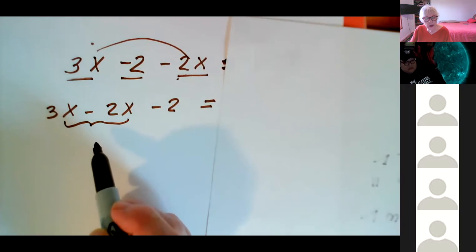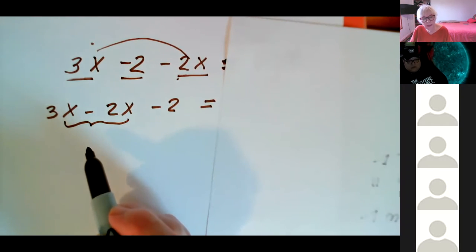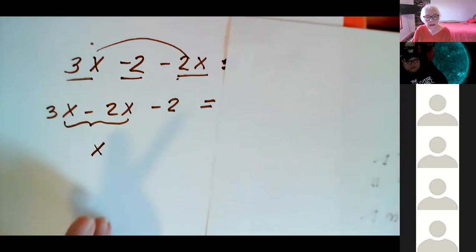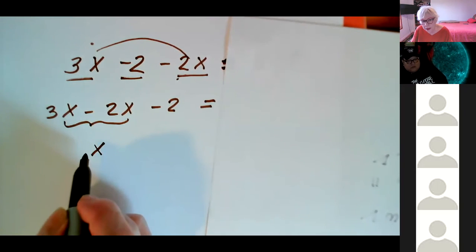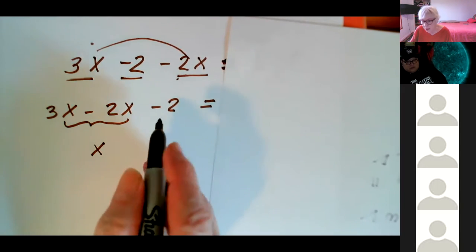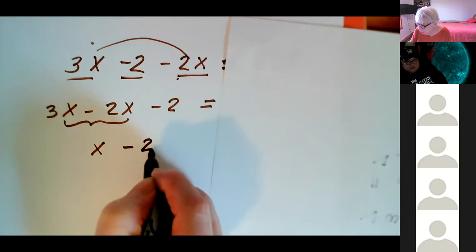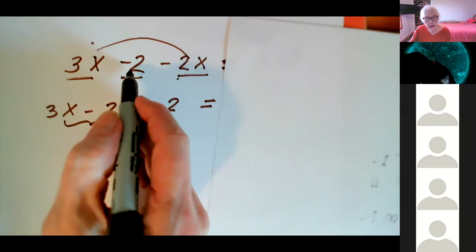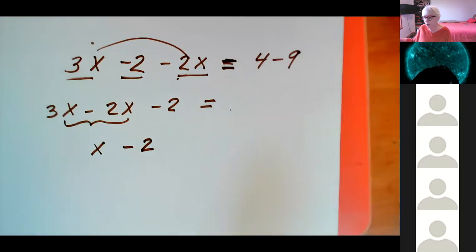And typically in algebra, we say it the simplest way possible, which would be instead of 1x, it would be x. That's assumed to be 1x. And then there's still that subtract 2 there, because that's a different term. These two are like, this was different. And so there you go.